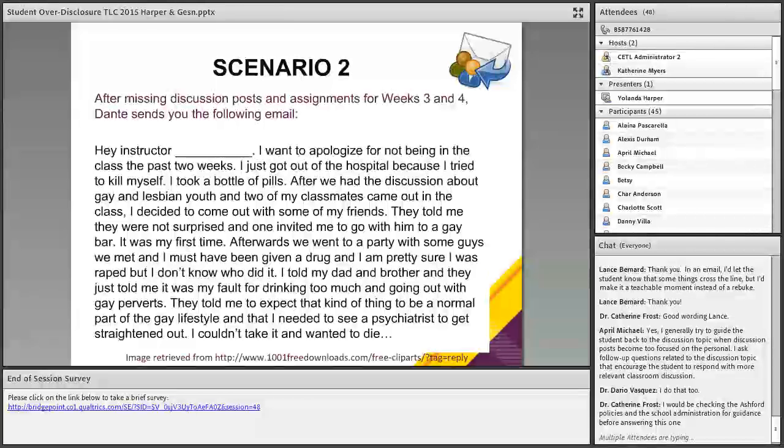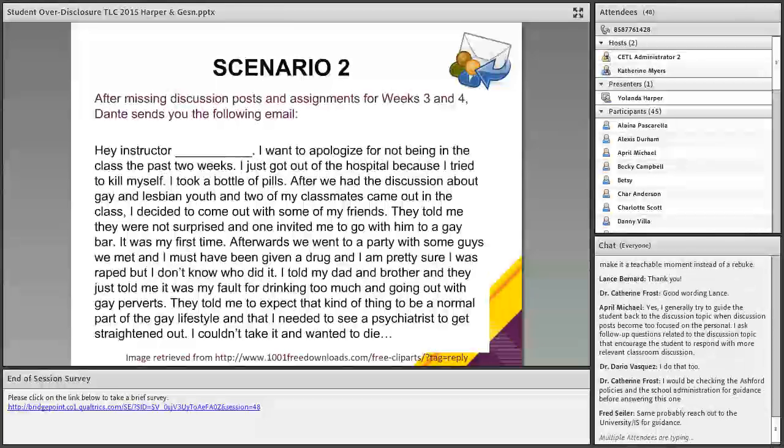Yeah, Catherine, it's always good to check back with the policies. And I'm actually going to share several resources we have on campus to assist us as well, and one in particular that is helpful for student over-disclosures.